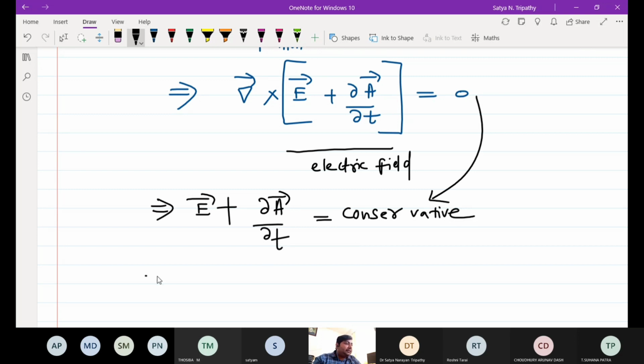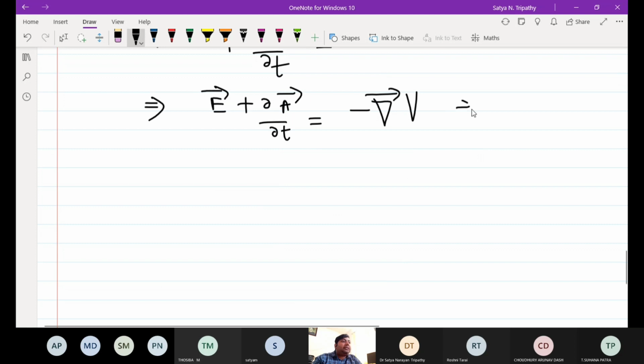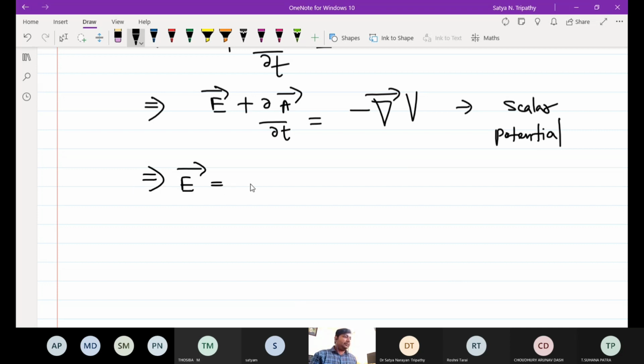Now I can express this conservative vector as the negative gradient of some scalar function. This is called the scalar potential. So now the electric field is minus gradient of the potential minus dA by dt.